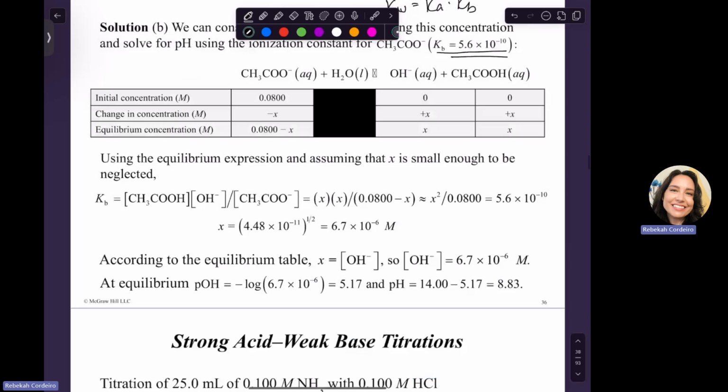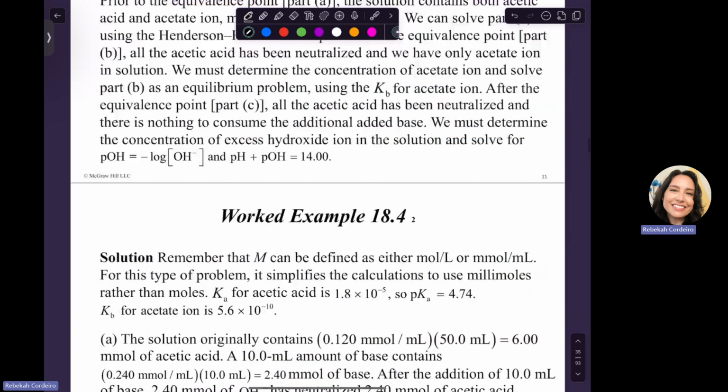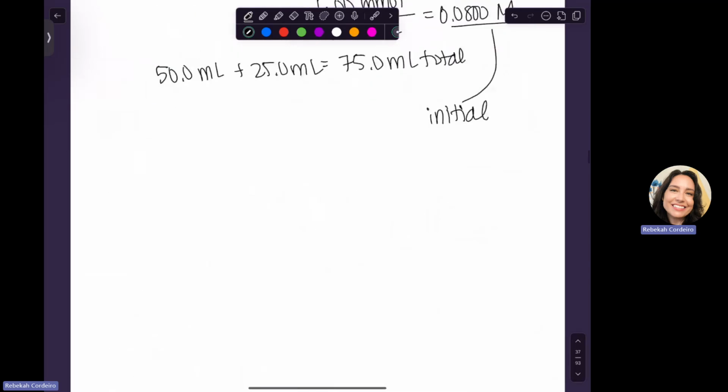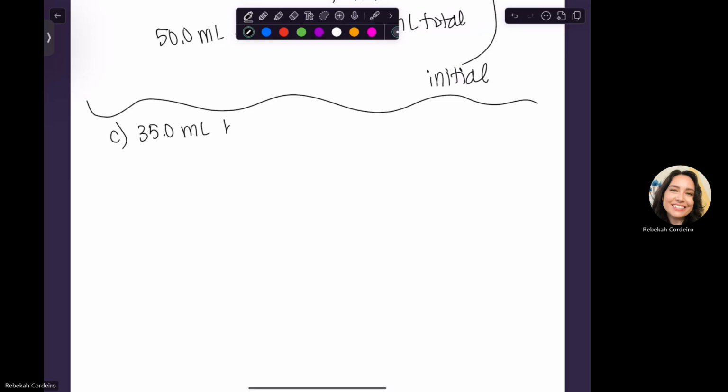And then the last one, they didn't actually finish C in the textbook, huh? 35 milliliters of base. So if we do 35 milliliters of base, it's 0.240 molar of the base. So that's going to be 35 times 0.24.